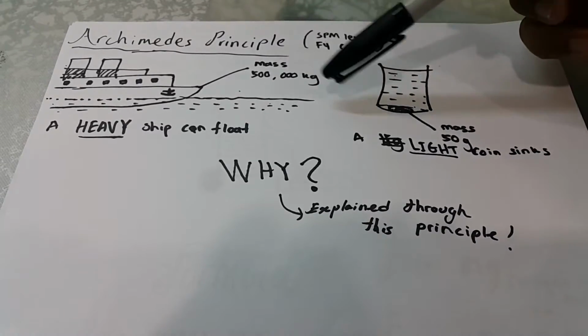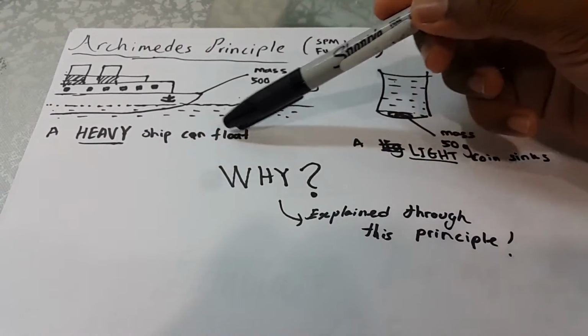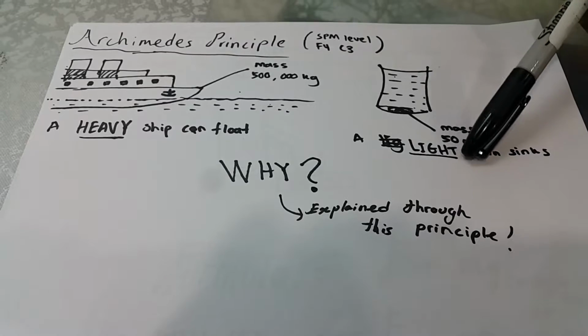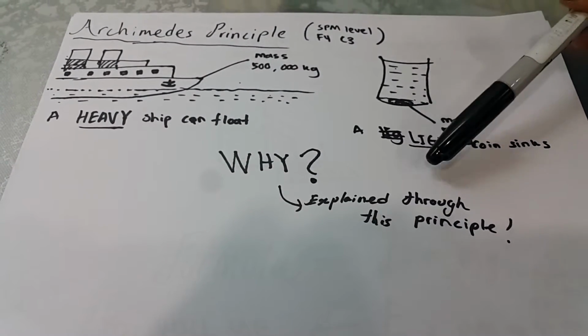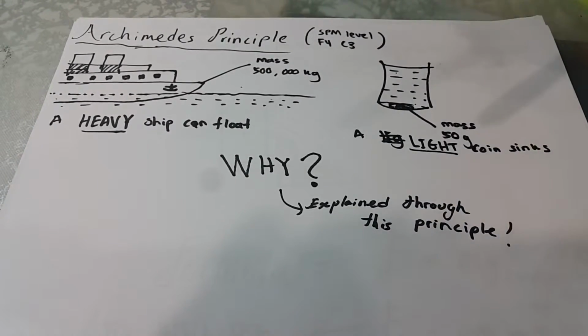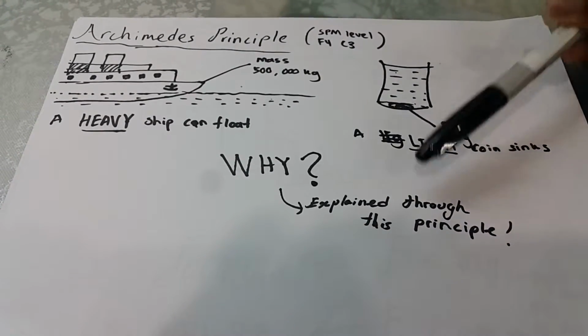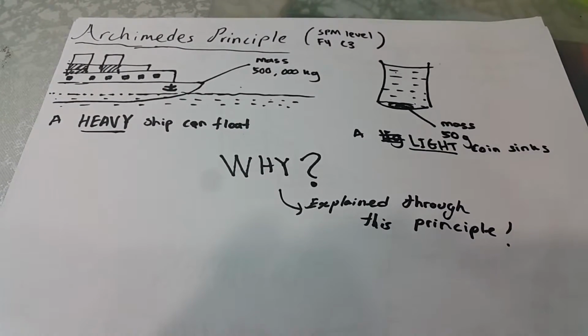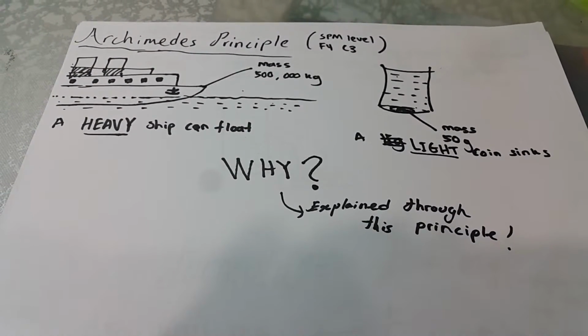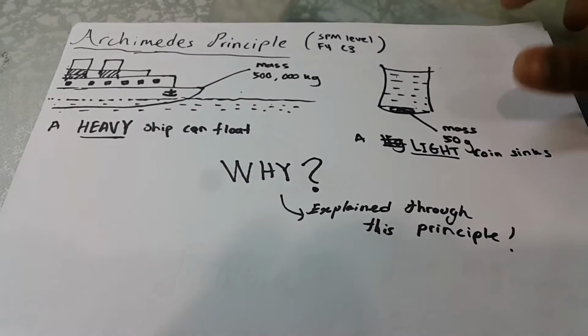So the question is, how can this heavy ship float while this light coin sinks? This is the main question, and it is explained through the Archimedes Principle. So how does that heavy ship float? That's what we are trying to find out today.